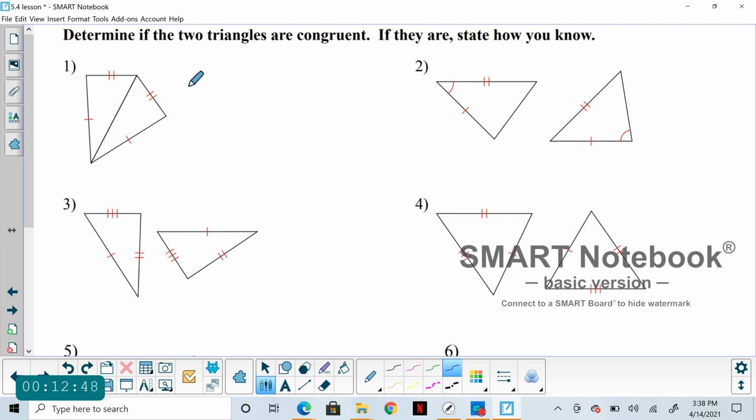And we can get the third side by reflexivity. So the third side is congruent. Now we have three sides in one triangle congruent to three sides in another. We can say they're congruent by SSS congruence.